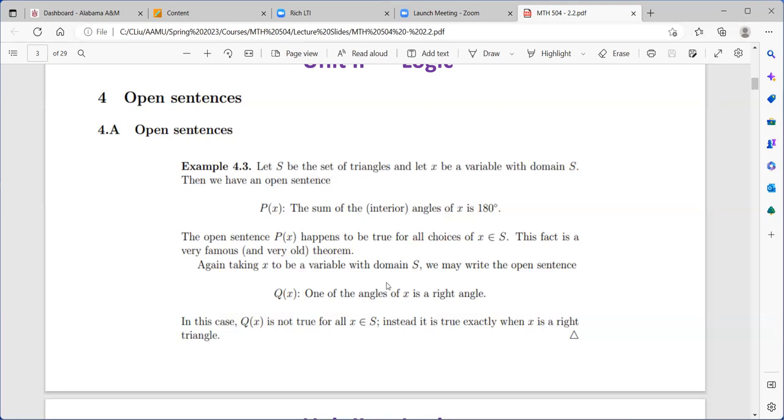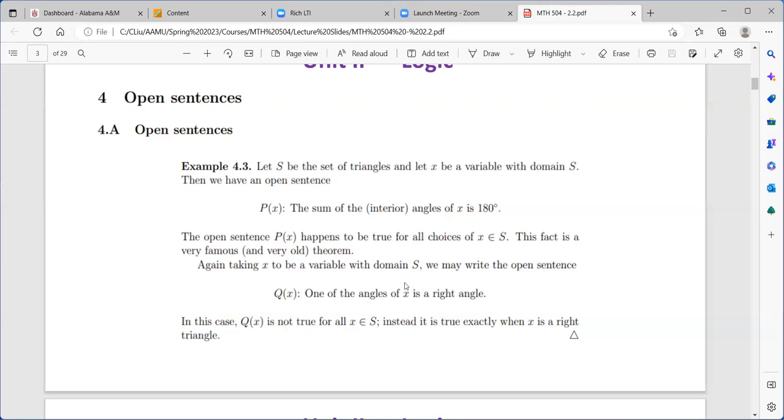So in that case, the open sentence becomes a statement. I'm sorry, I keep saying that.